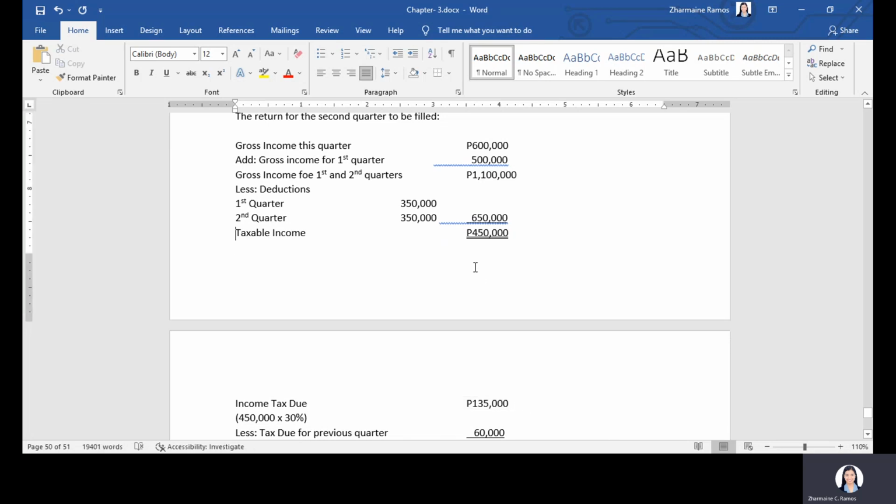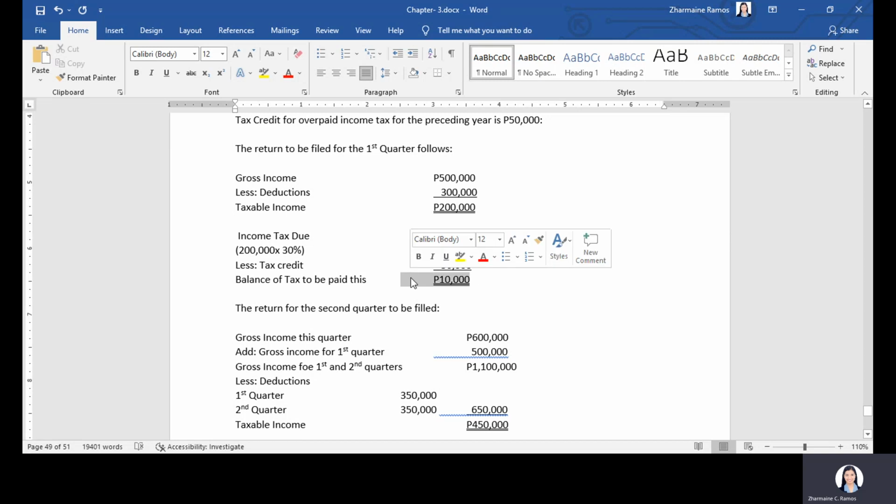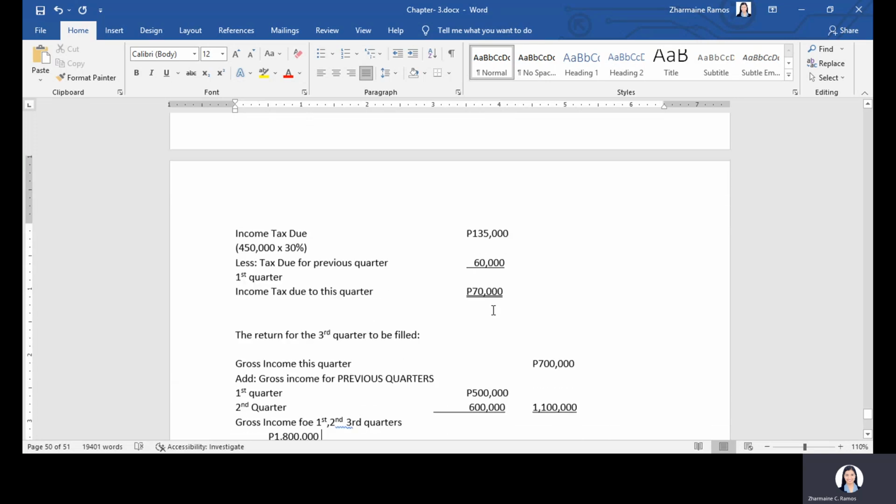Kaso, previously, in previous quarters, nagbayad ka ng 10,000 at 50,000. So, meron ka nang naging payment nung nakaraan na total of 60,000. So, magkano na lang ang babayaran? 135 minus 60, 75,000 pesos. How about the third quarter?